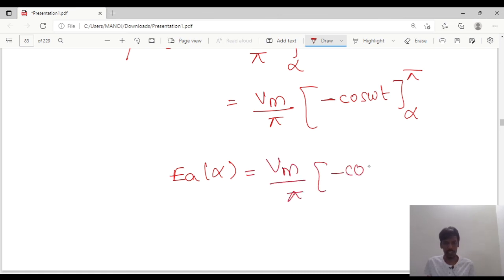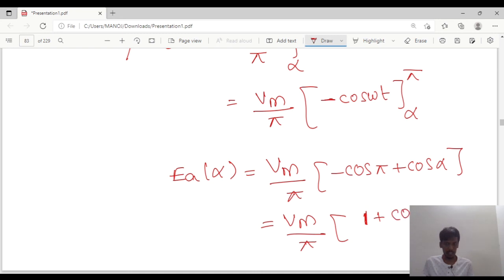So EA at an angle alpha is equal to Vm by pi times minus cos pi plus cos alpha. Minus of minus cos pi is plus 1, so it will be 1 plus cos alpha. So this is the value: EA at an angle alpha equals Vm by pi times 1 plus cos alpha.